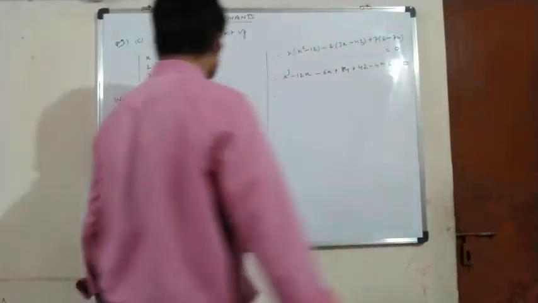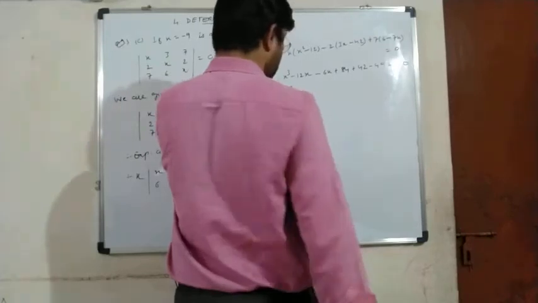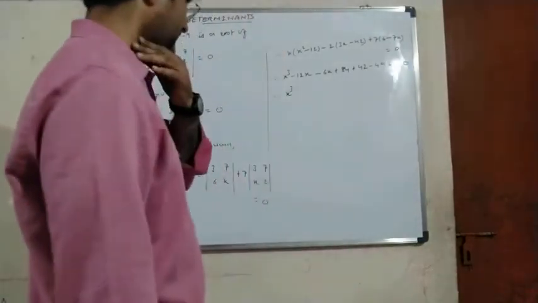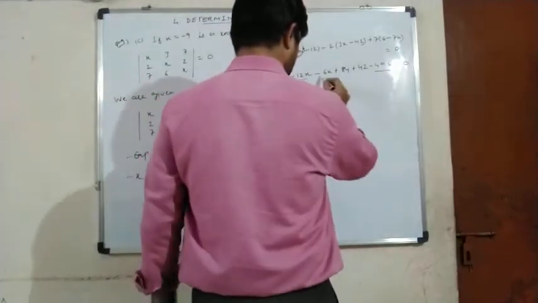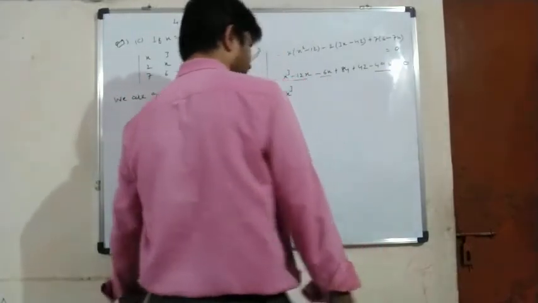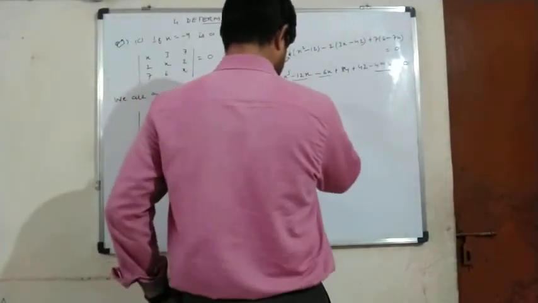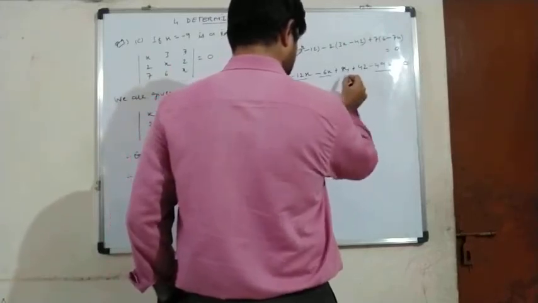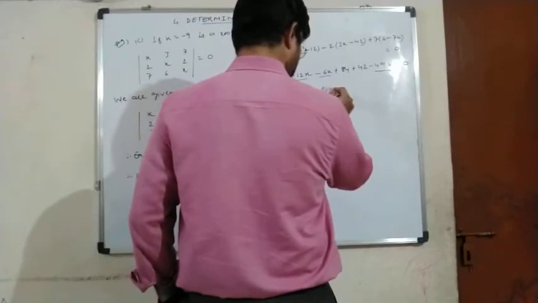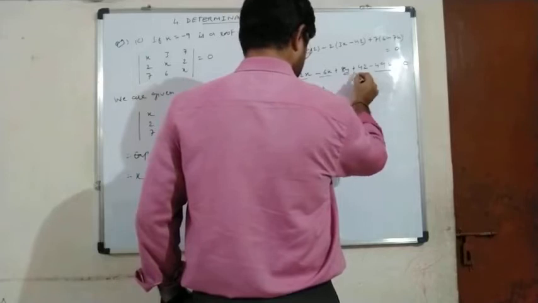Therefore, x cube, yes or no? x cube minus 12x minus 6x minus 49x is minus 67x, plus 84 plus 42, 126.